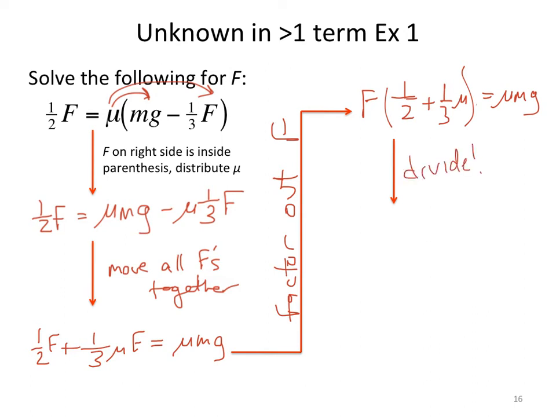D-I-V-I-D-E. Divide all this stuff right here, and it will come across the equal sign and down below. So that means our f is going to be equal to mu mg in the numerator divided by 1/2 plus 1/3 mu.